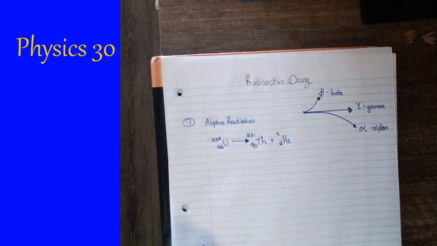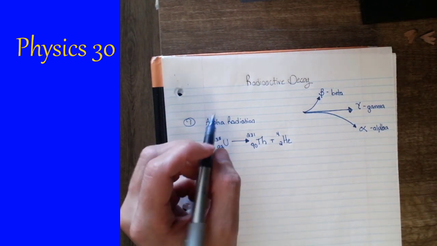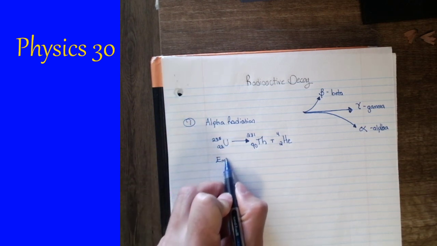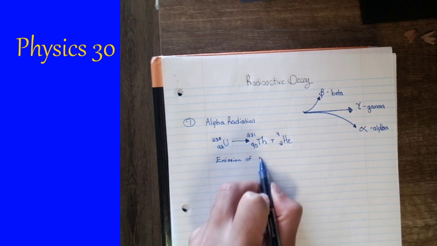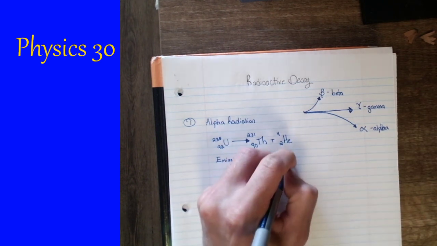Okay, so the alpha radiation that we see is the ejection, the emission of a helium nucleus.